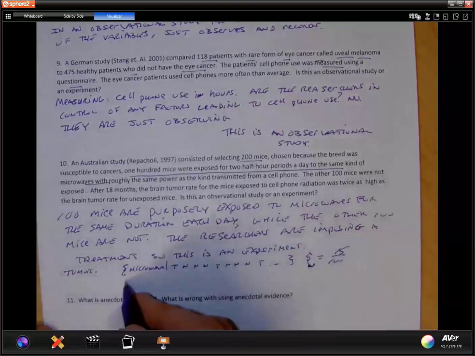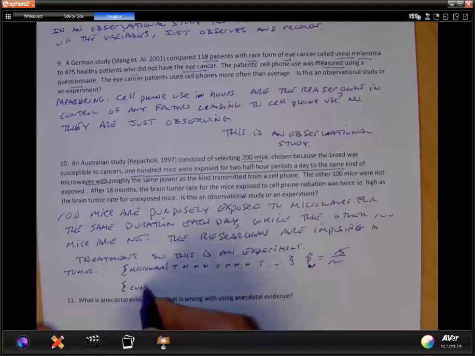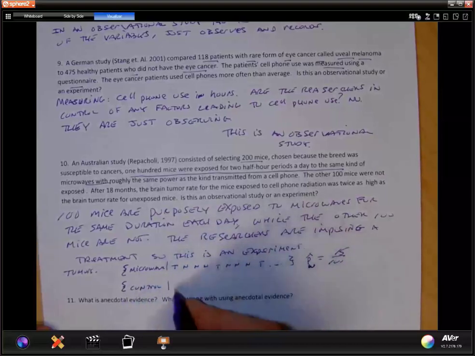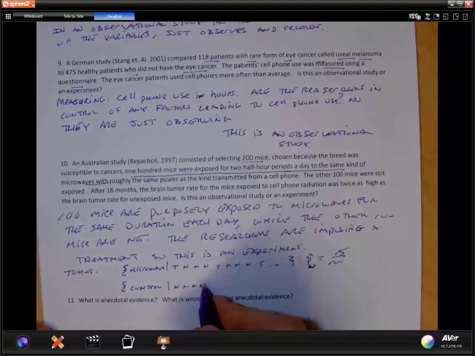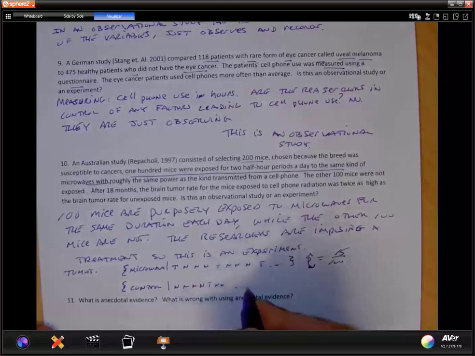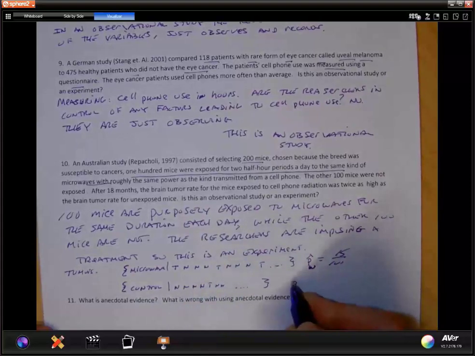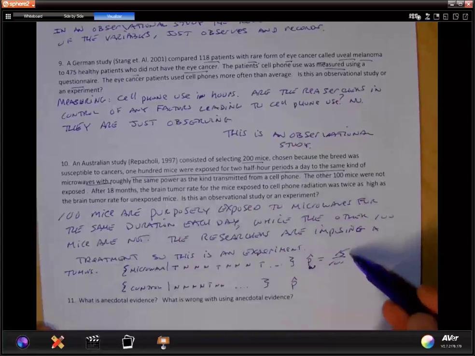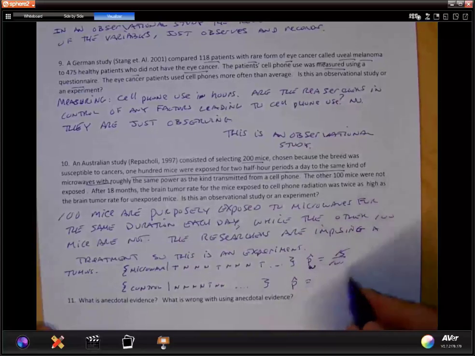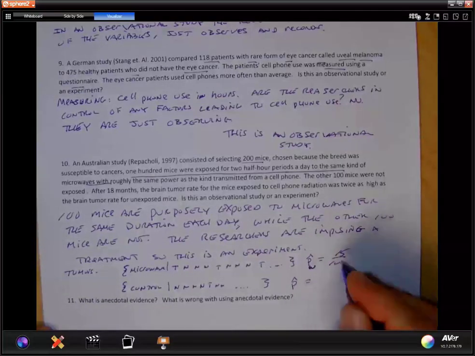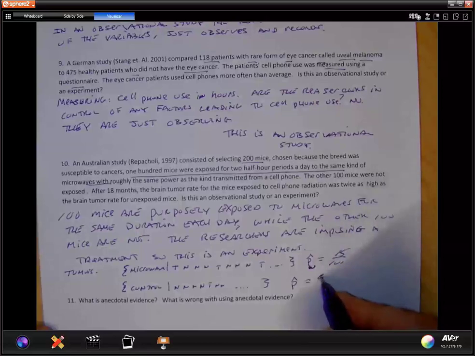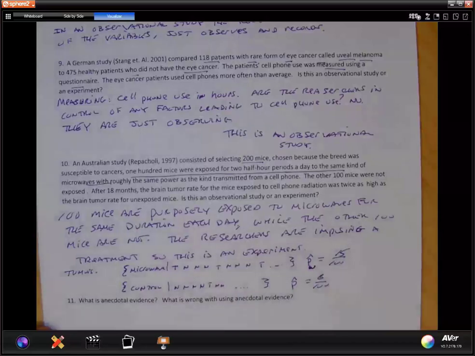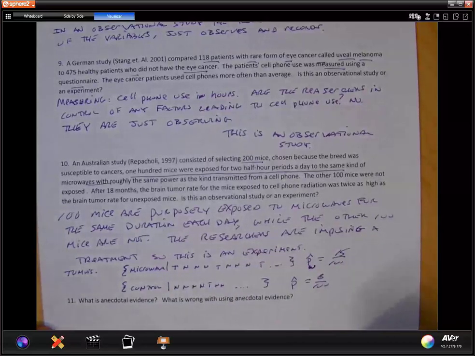Then in the other group, which is the control, no exposure, maybe it looks like this: no tumor, no, and so on. Again, what we're measuring here is a rate, which we can describe as a proportion. It was twice as high, so maybe in this case 6 out of 100 had a tumor in this particular group.